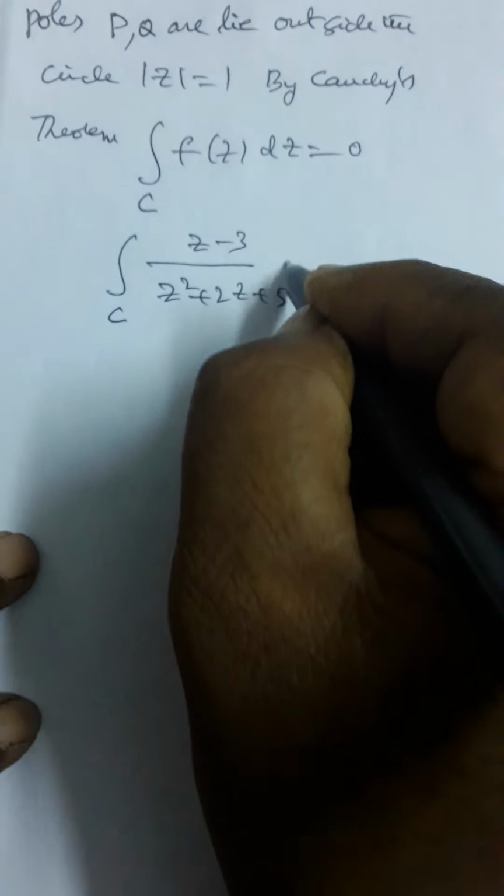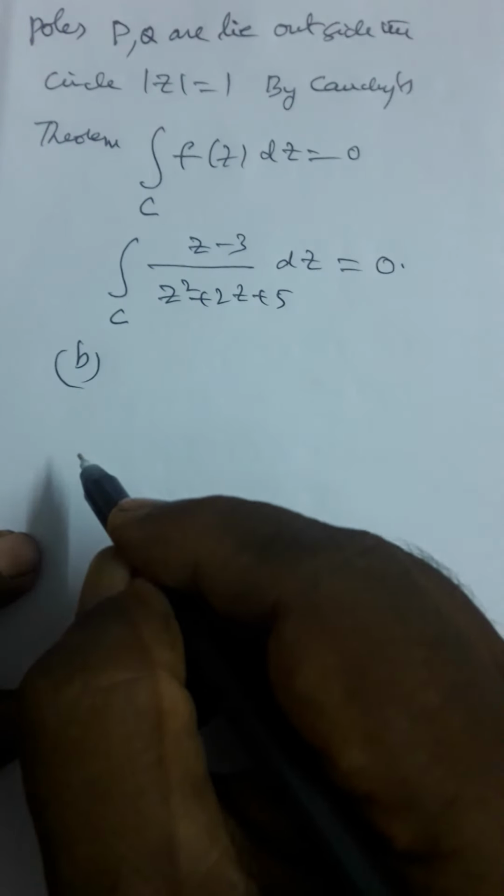By Cauchy's theorem, integral over c of f of z dz is equal to 0. So integral over c of (z minus 3) by (z square plus 2z plus 5) dz is equal to 0.